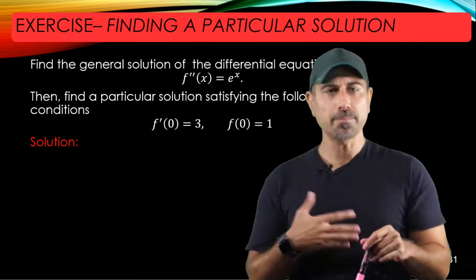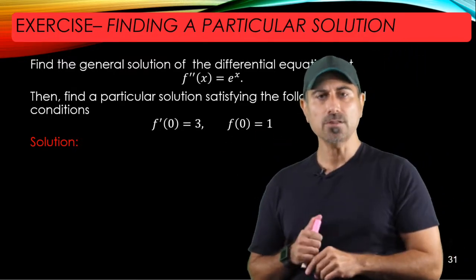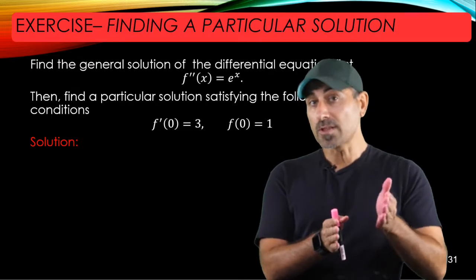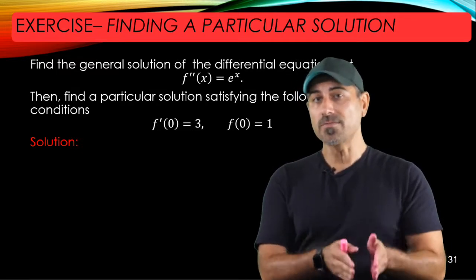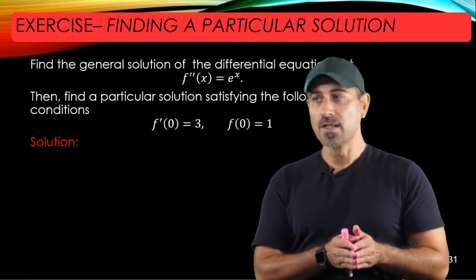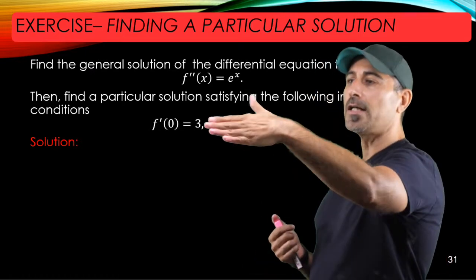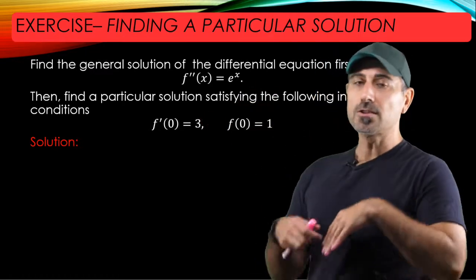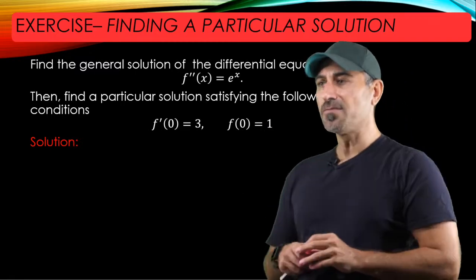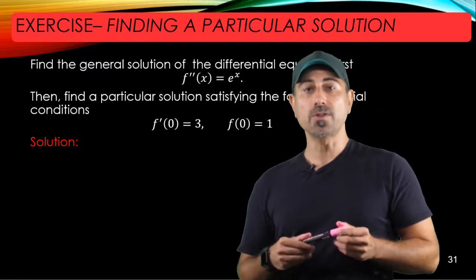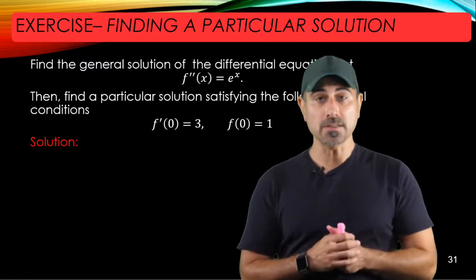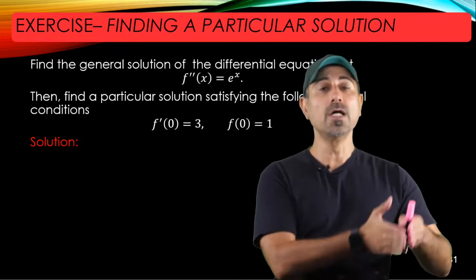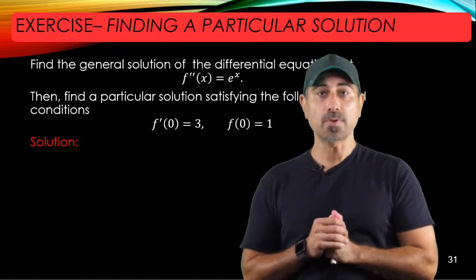Remember that when we talked about the antiderivative operation, we always add an arbitrary constant at the end of the differentiation process. Since we are going to do the differentiation twice for this type of differential equation, we're going to have two arbitrary constants at the end of two differentiation processes.